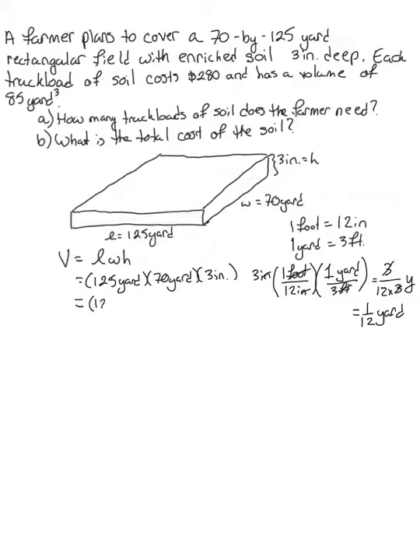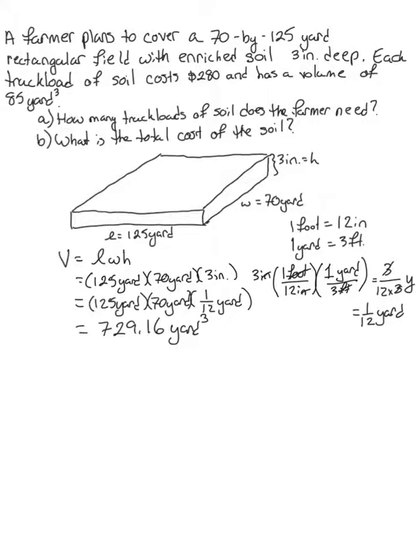So we get 125 yards times 70 yards times 1/12 yard. And if you do the multiplication, you get 729 and 1/6 yards cubed.